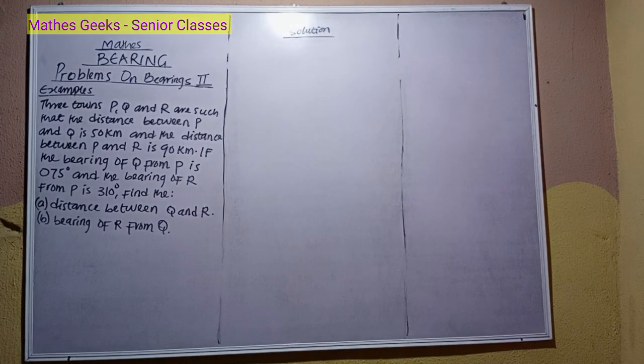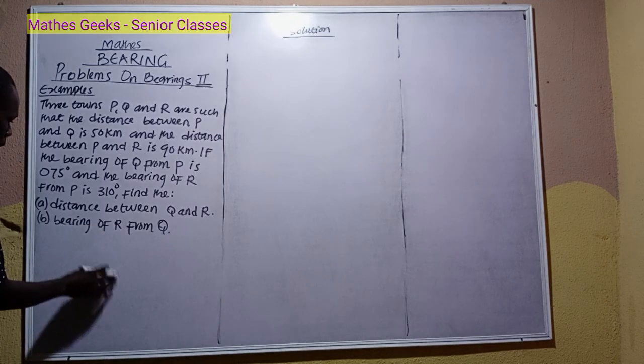Three towns P, Q, and R are such that the distance between P and Q is 50 kilometers, and the distance between P and R is 90 kilometers. The bearing of Q from P is 70 degrees.